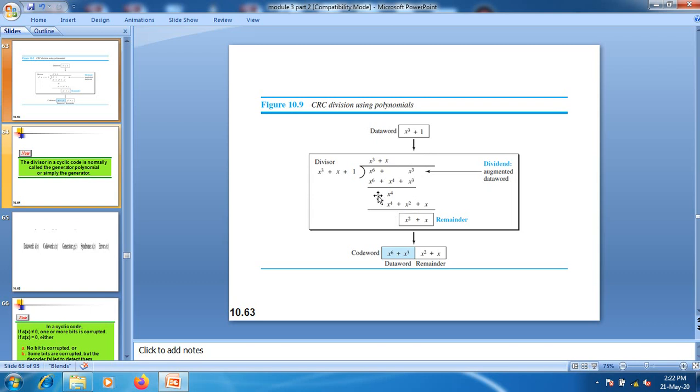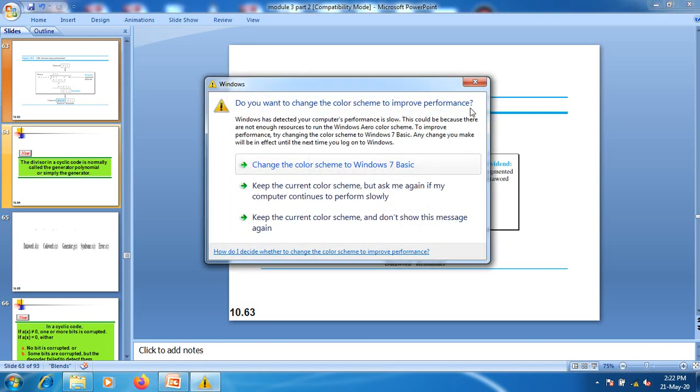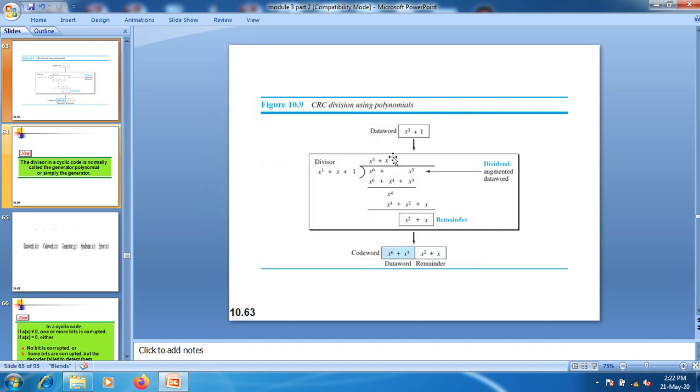Next, I need to divide this particular term now. We are getting a second term that is going to be part of the quotient here. This x to the power 4 is obtained by multiplying x cube by x, giving x to the power 4 plus x to the power 2 plus x.